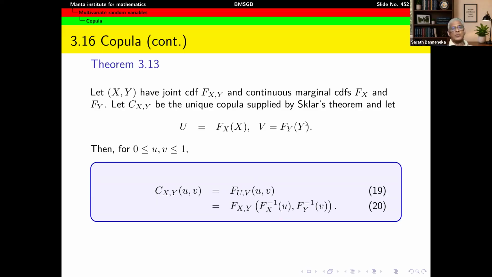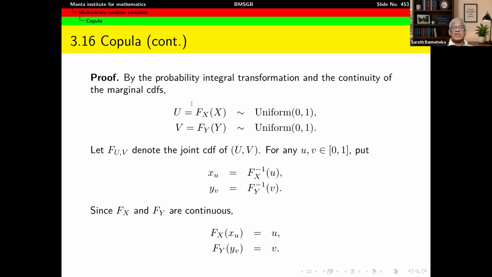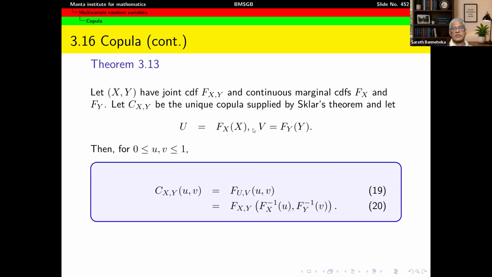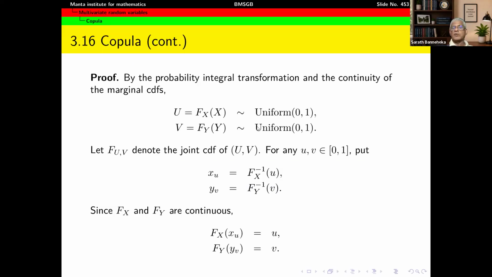Right. So in order to prove this, we consider U and V as we mentioned earlier here, U to be F_X(X) and V to be F_Y(Y). And from our theory that we have learned before, we know that U is uniform in (0, 1), V is uniform in (0, 1). That means both are standard uniform random variables.